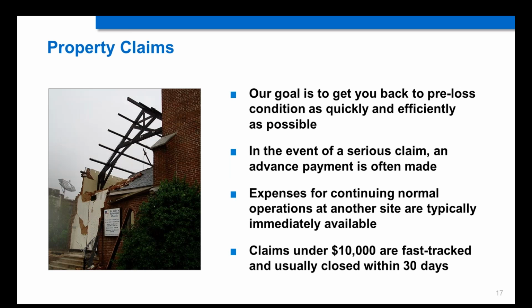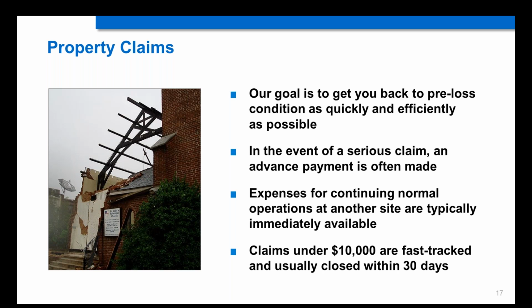The goal of our claim department is to get you back in a pre-loss condition as quickly and efficiently as possible. There's 3 things that we do when a claim comes in. We investigate, we evaluate, and we finalize. And we try to do that as quickly as we can because we understand that this is a disruption. There's a lot of uncertainty when a claim occurs, especially the larger claims.